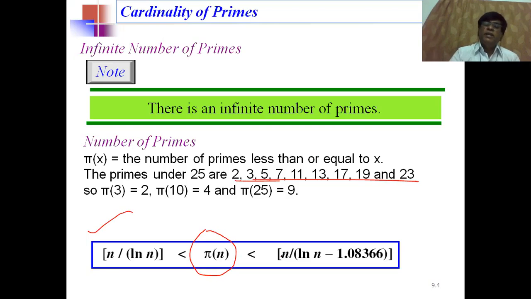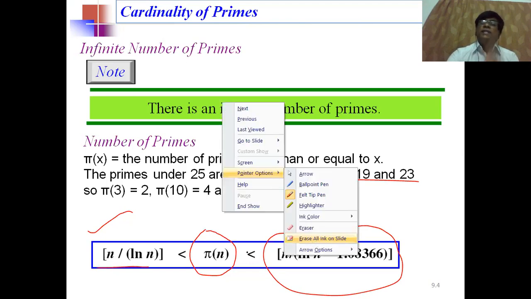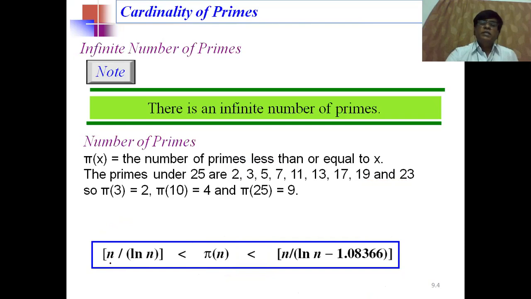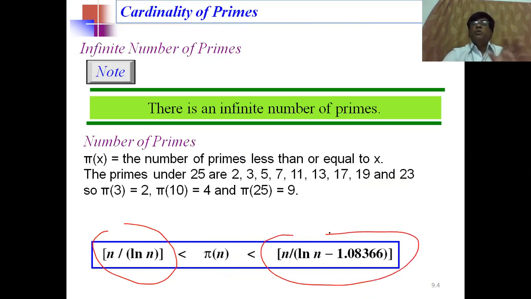It lies between n by log n and n by log n minus 1.08366. This is the approximate calculation.